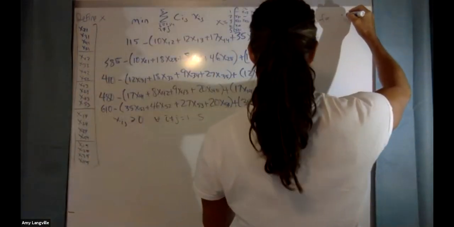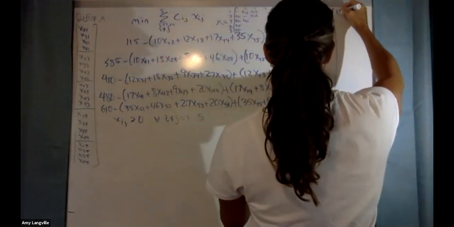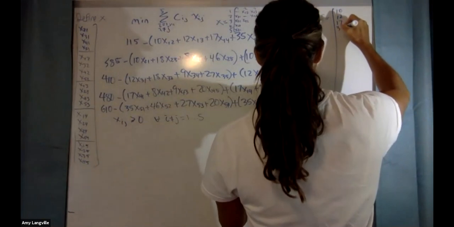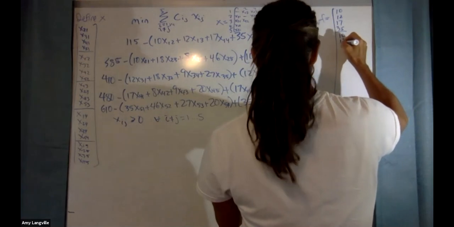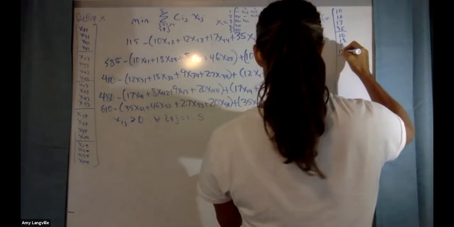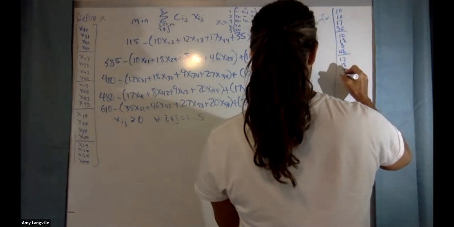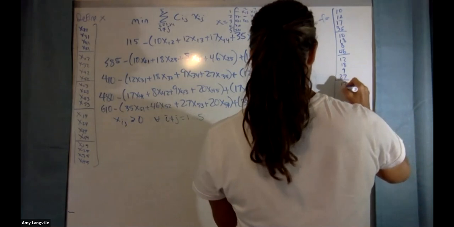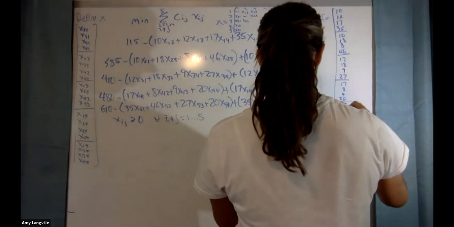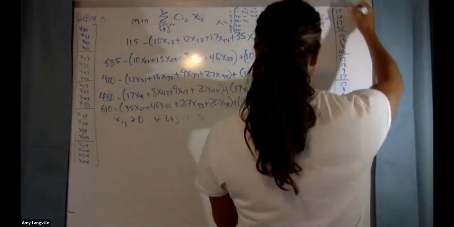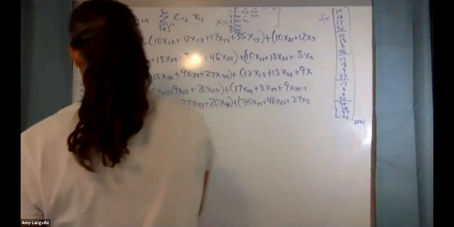F would be, again, in the same order, so we're going to go down: 10, 12, 17, 35, 10, 18, 8, 46, 12, 18, 9, 27, 17, 8, 9, 20, 35, 46, 27, 20. And again, this is a 20 by 1 vector.